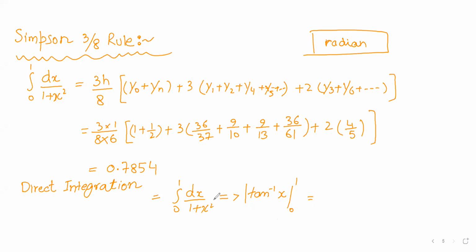So if you use the direct method, the answer is also 0.7854. This will be your answer. Okay, I hope this is clear to everyone. And then let's solve one more question, so we will have a better understanding again.